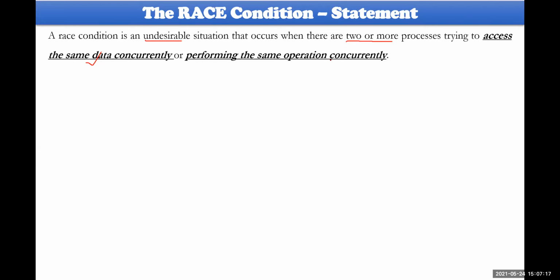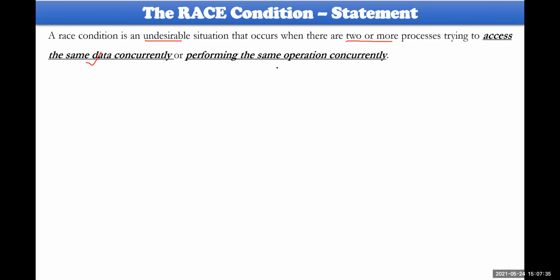For example, X equals read X from the database or global area, modify it, and then write it back to the global area. These are the operations. Read, write, and in between, some modification of that particular global value.